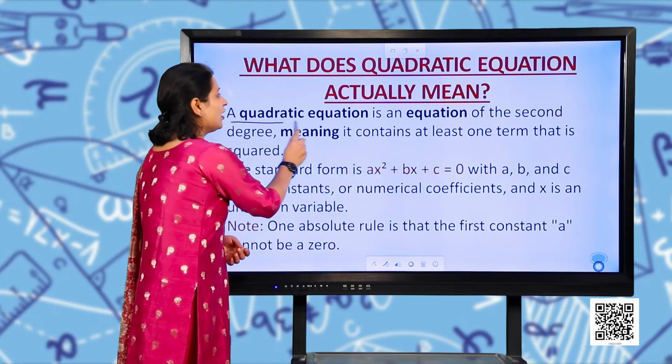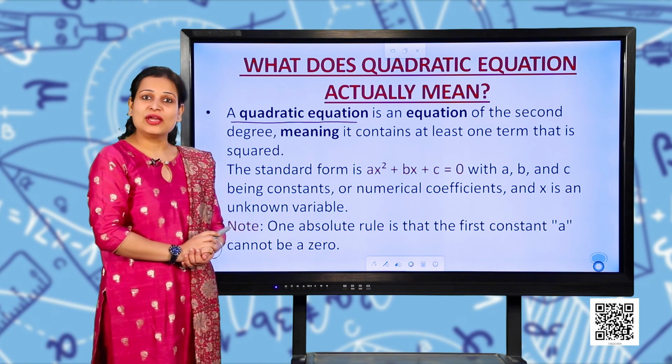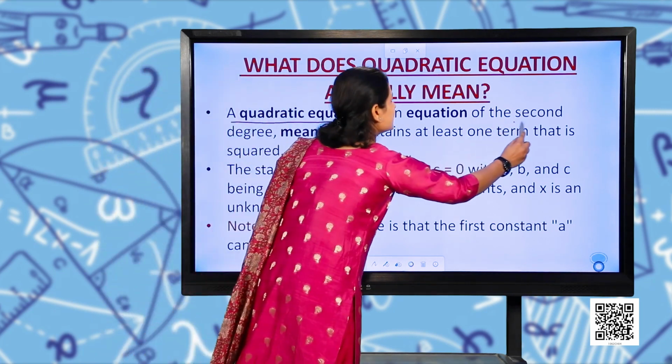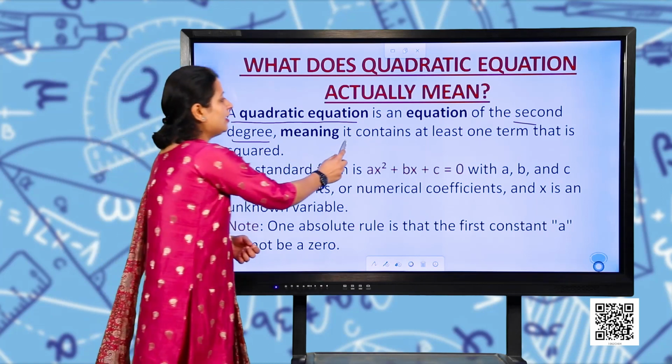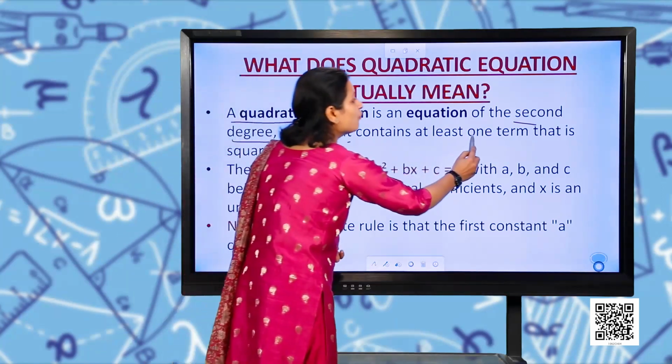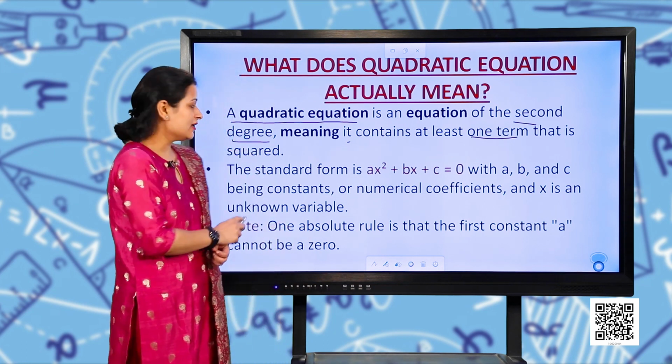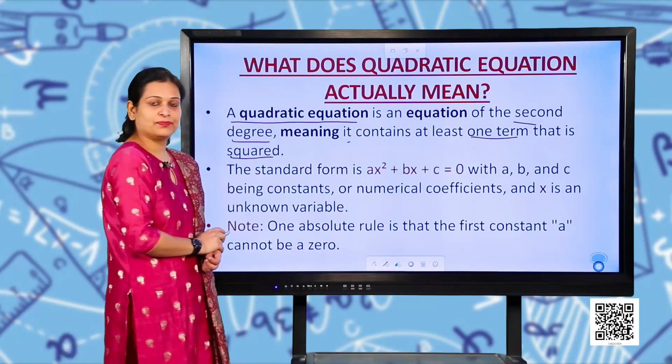A quadratic equation is an equation of the second degree, meaning it contains at least one term that is squared.